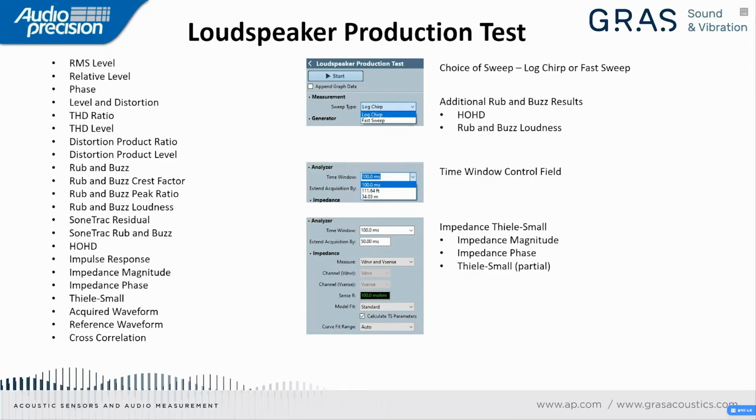And you don't get a second sweep because you don't get full Thiele-Small parameters in the loudspeaker production test, but it provides a very quick single sweep, whether it's log chirp or fast sweep, of providing Thiele-Small results.